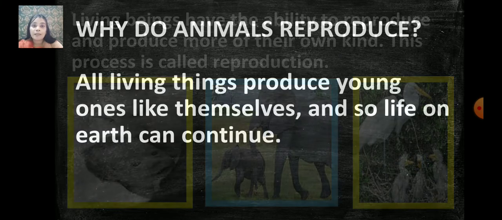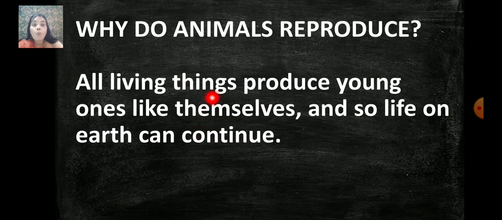Now, let's move on to this. Why do animals reproduce? Why are babies forming? Why are there so many babies? Because all living things produce young ones like themselves, and so life on the earth continues. If living beings stop reproducing, what will happen?